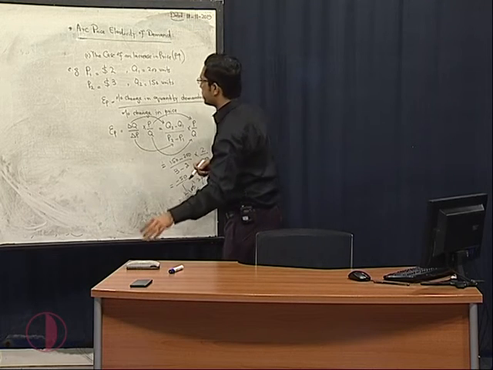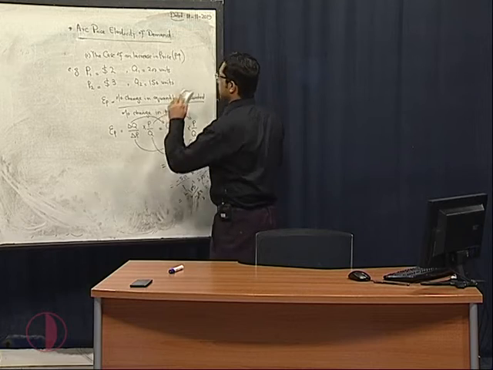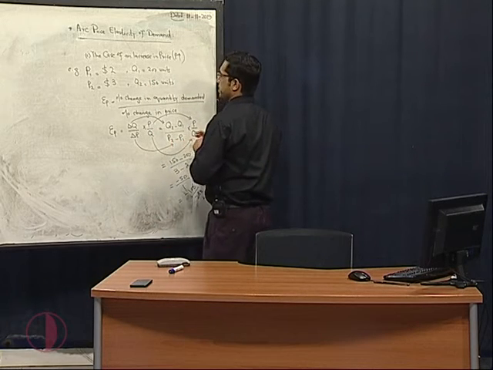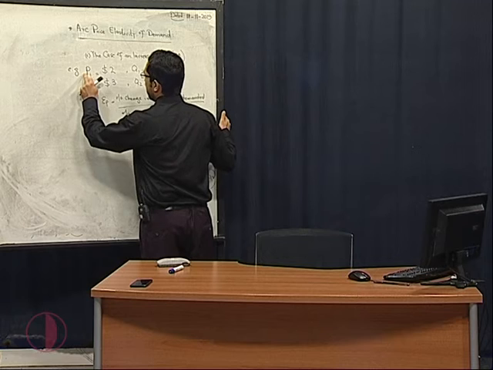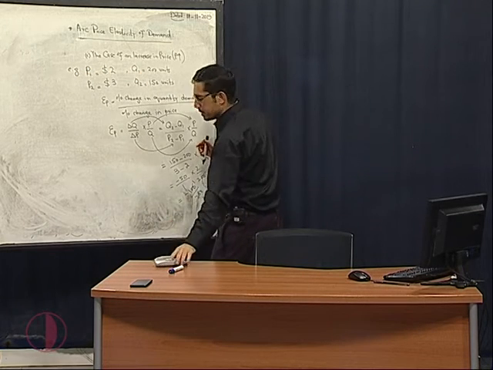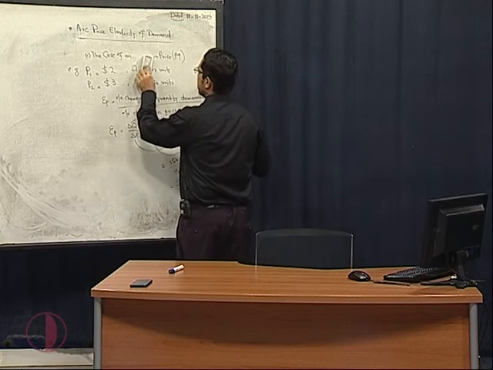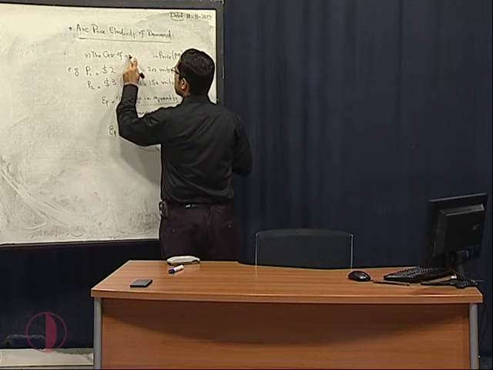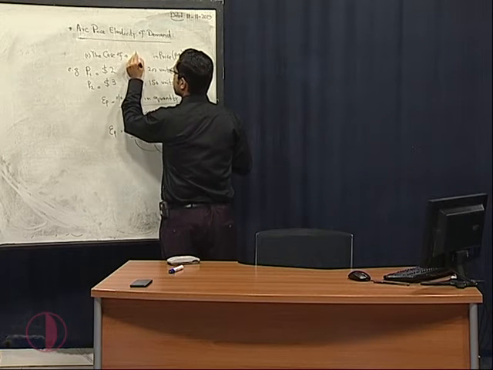Now, I am changing these values from the original ones. For example, this was the case of an increase in price. Now, I am changing this case to the case of a decrease in price.